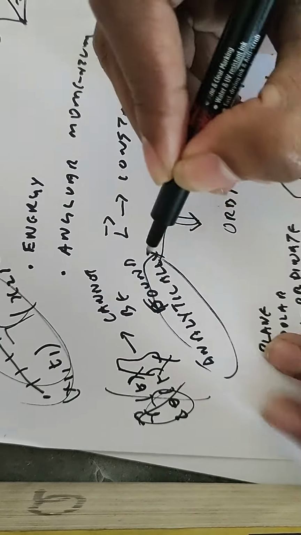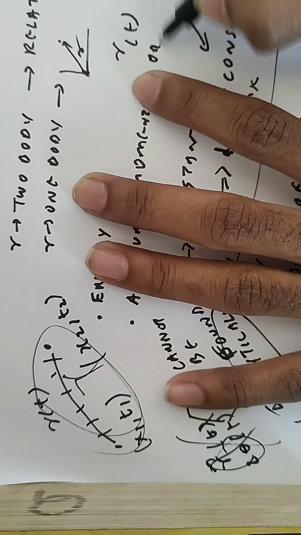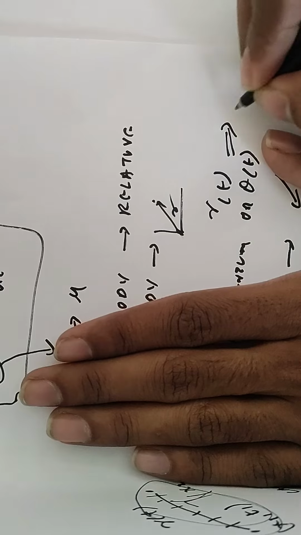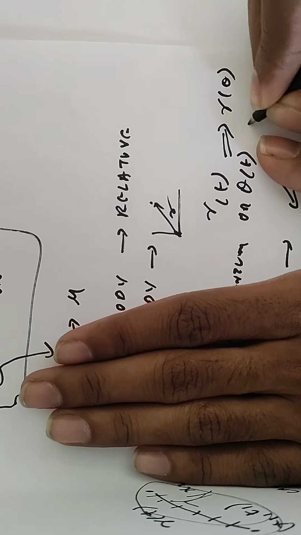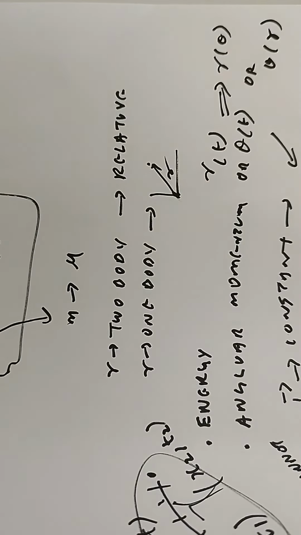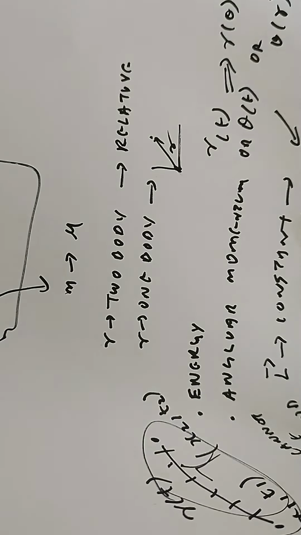What I can see here is that the problem is the time component, the dependence on t. So rather than finding r as a function of t or theta as a function of t, I try to find r as a function of theta or theta as a function of r. This may work. I'm not telling you this is going to work. Let's give it a surprise.